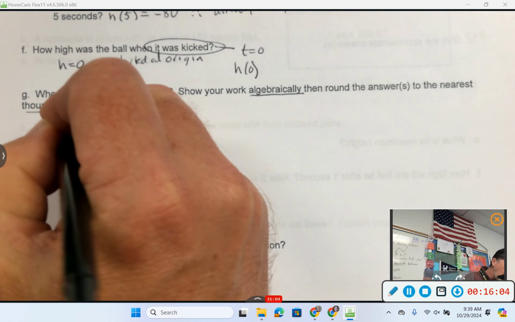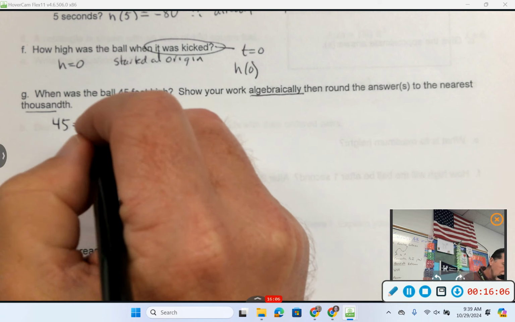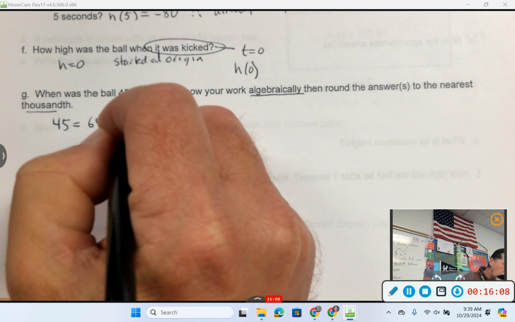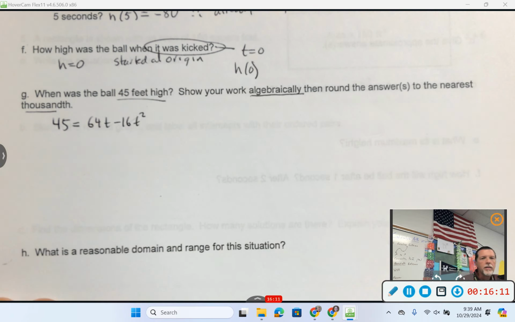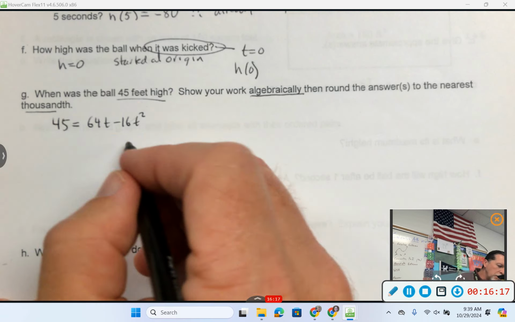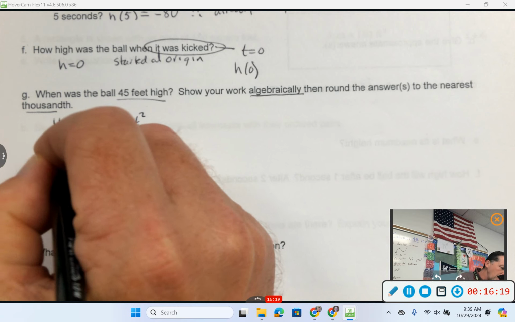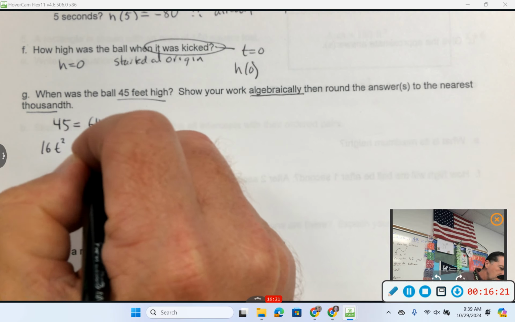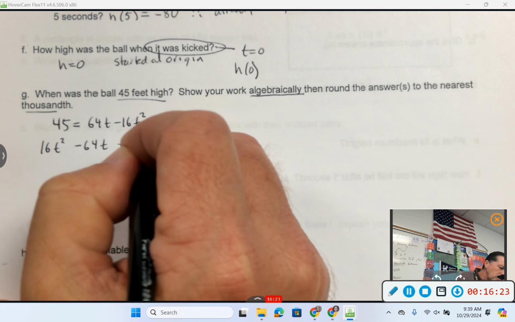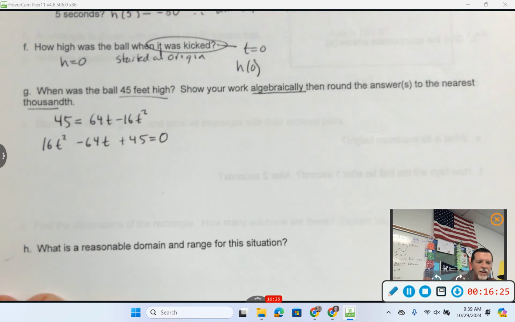So, 45 equals 64t minus 16t squared. I'm going to move the 16t squared over to make it positive. 16t squared minus 64t plus 45 equals 0.